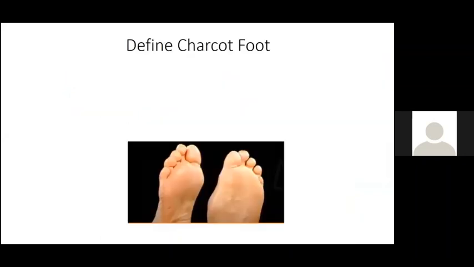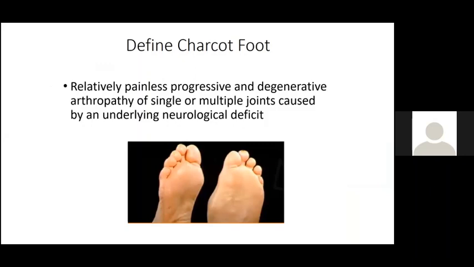The foot structure changes from fragmentation, coalescence, and reorganization. There is a definition, Gautam. Yes. A relatively painless, progressive, degenerative arthropathy of single or multiple joints due to underlying neurological deficit.